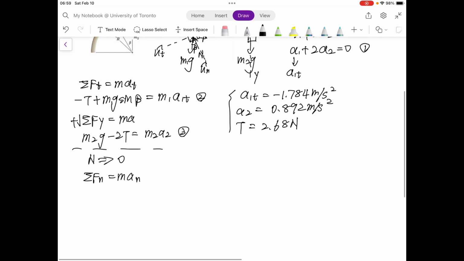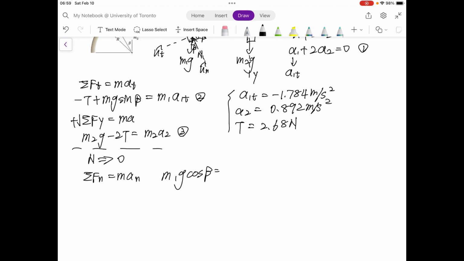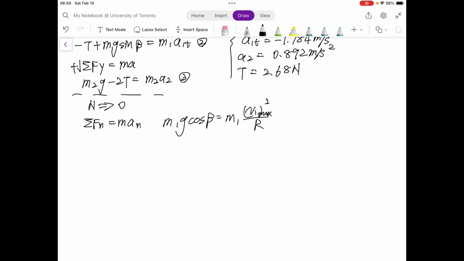So m1 g cosine beta is equal to m1 times the normal acceleration, which is v1 maximum squared over the radius.